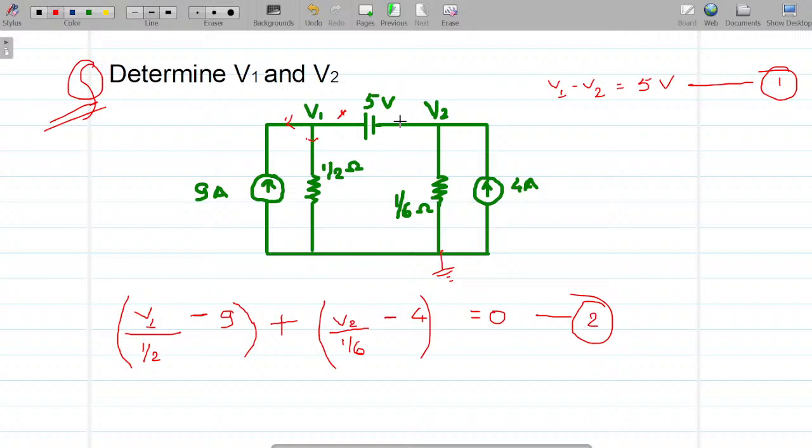The current in this branch. I am just talking about node V1. If you focus on node V1, the current in this branch is given, the current in this branch is given. Now, for the time being, forget about this and tell me what would be the current here. Would it not be the current flowing in this and this?